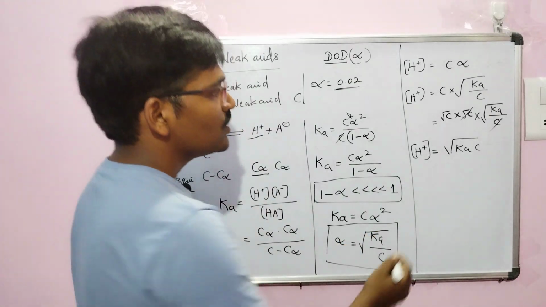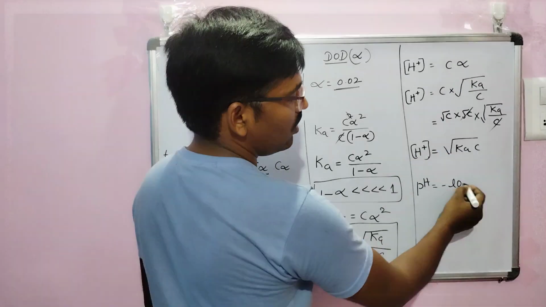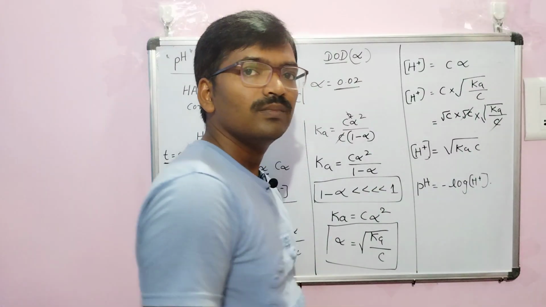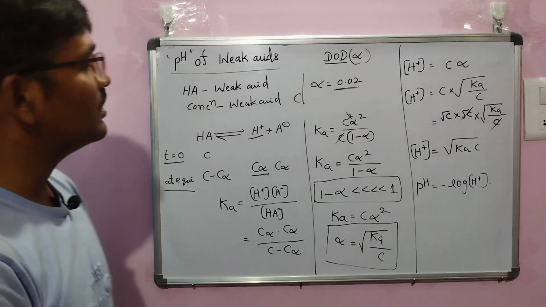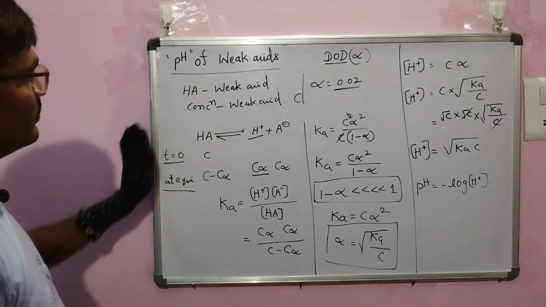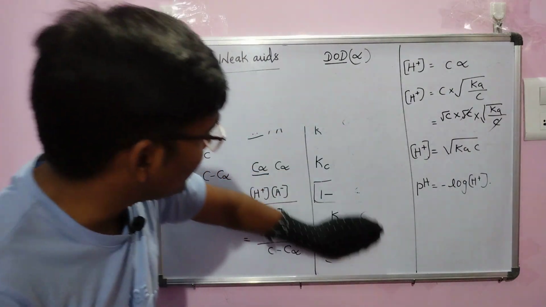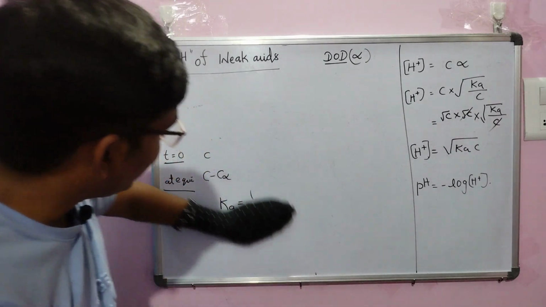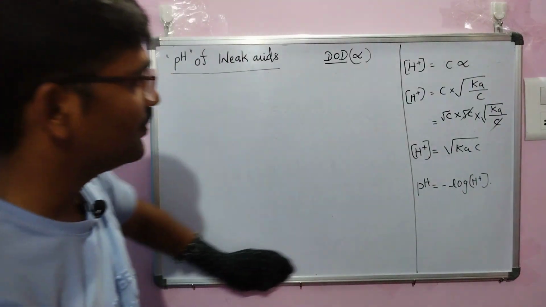Then we know that pH is minus log of the H plus ion concentration. Otherwise, we can use one more direct formula to calculate the pH in case the pKa value is given.